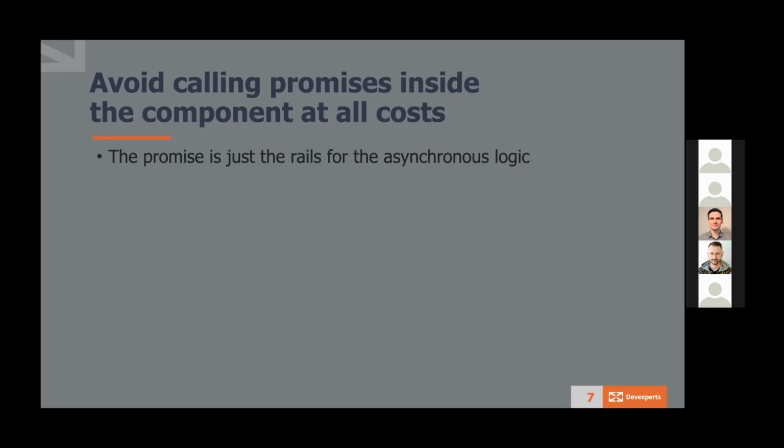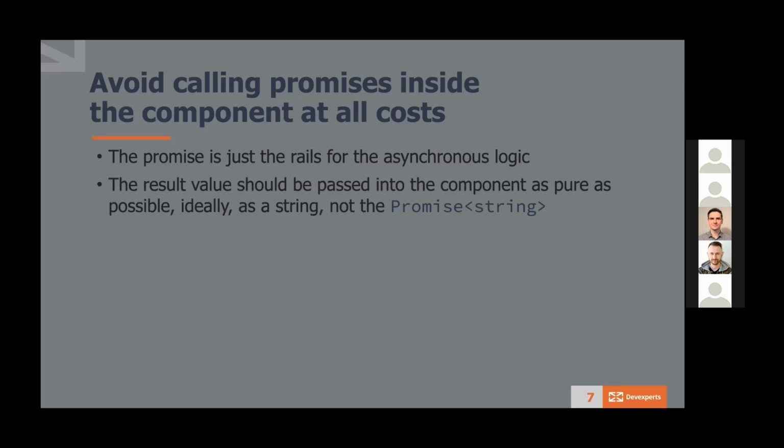I know that this is not about concurrency itself, but it is connected, because concurrency, asynchronicity, and so on are all connected. And if you have promises inside the component, you're just making things more complex most of the time than they could be.